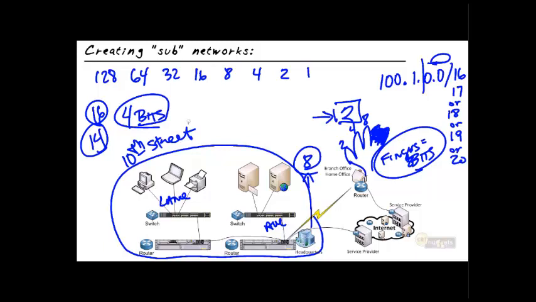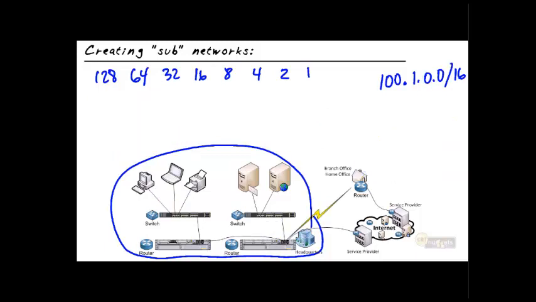So it's just a math question at this point. So let's take our original scenario, remove that, and our original scenario is we just need 8 subnets. So my question for you is this: how many bits would we need to take above and beyond the 16 that are currently in the network mask?